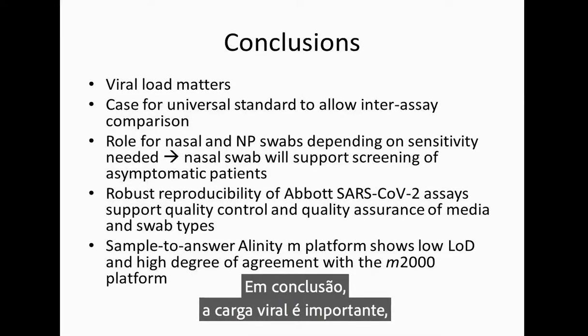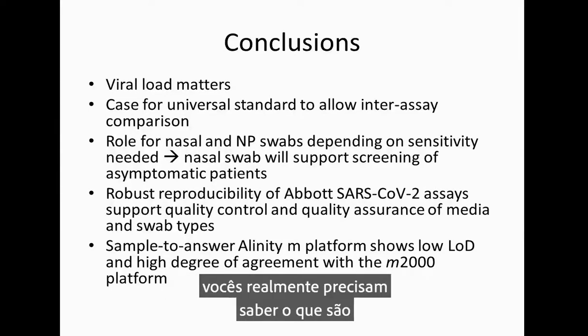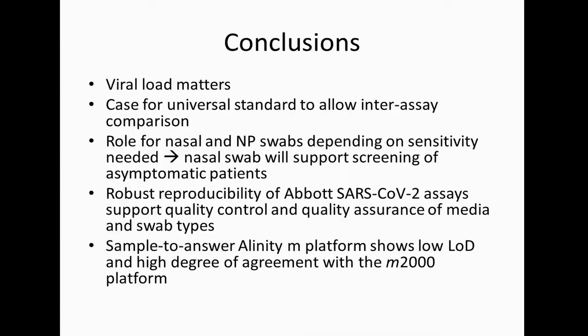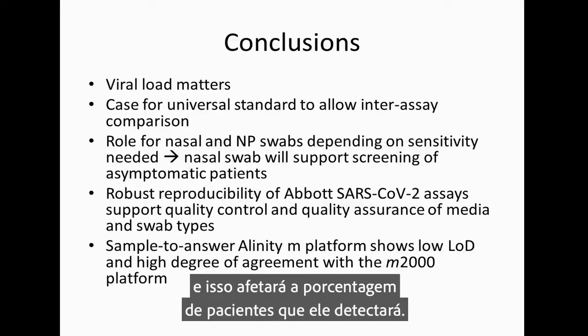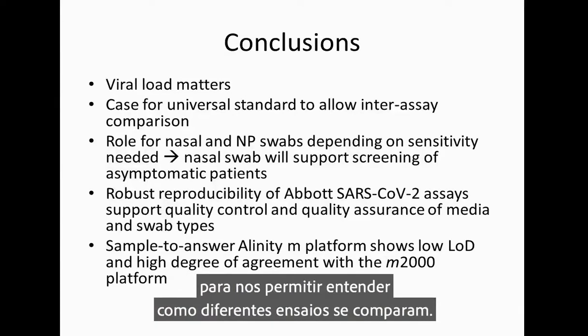So in conclusion, viral load matters, and especially the limit of detection of your assays. You really need to know what they are, and that will impact the percentage of patients that you will detect. I think there's a good case for a universal standard that will allow us to understand how different assays compare.